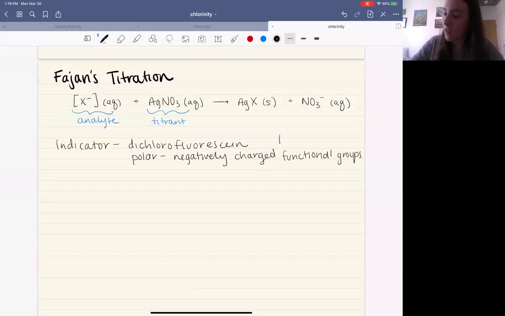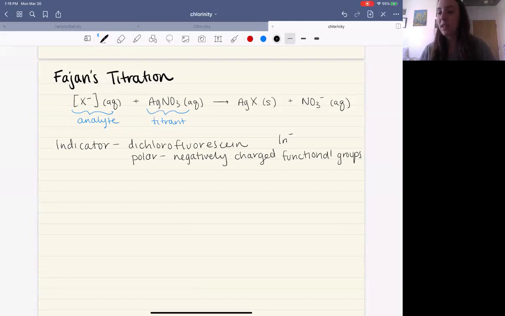So I'm going to call it IN minus. Just keep in mind that a negatively charged functional group will be attracted to positively charged ions. And that's going to be important for understanding how this titration is happening.